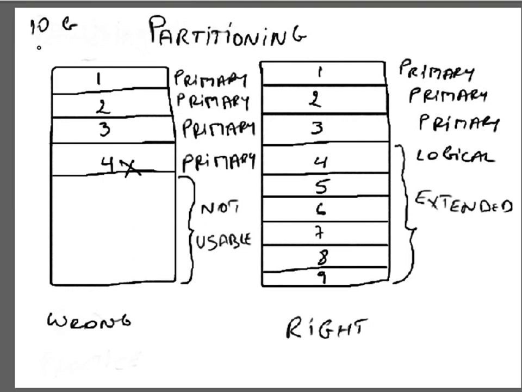If you have 4 primary, 4 times 2, that's 8 gig. So what do you do with the 2 gig that are remaining? This becomes unusable disk space at this point because you cannot extend the disk anymore. You have 4 primary partitions. So the right way of doing it, and the optimal and recommended way, is to have 3 primary partitions and then to have 1 extended partition.